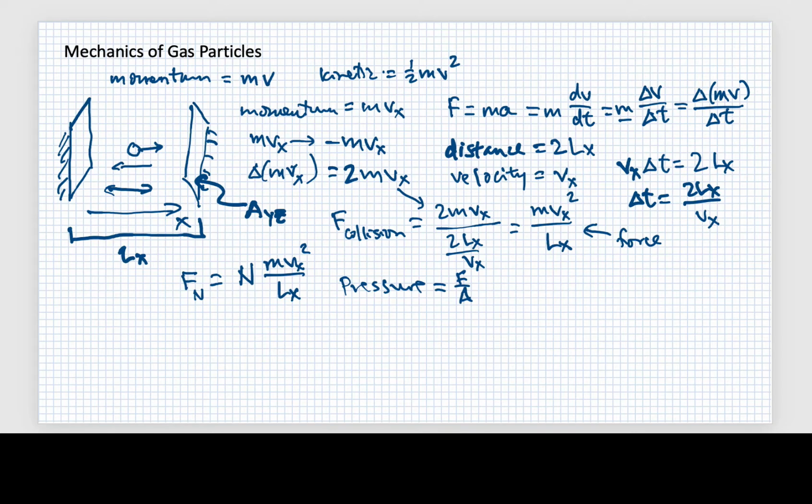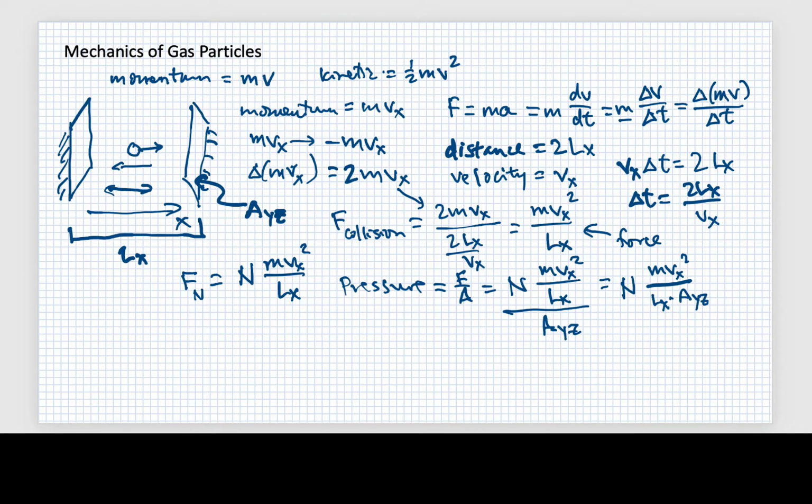Now, if I have all these particles, not necessarily lying on the same line, but hitting the wall at random times, the total pressure is going to be this total force, N times mvx squared over Lx, divided by the area of the wall, which we've said is Ayz. So if I make this look a little prettier, it'll be N times mvx squared over Lx times Ayz.